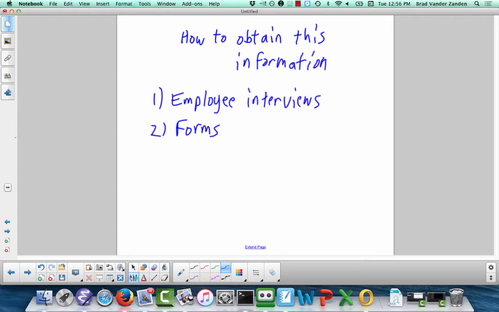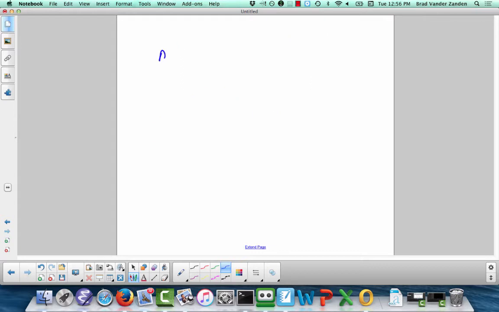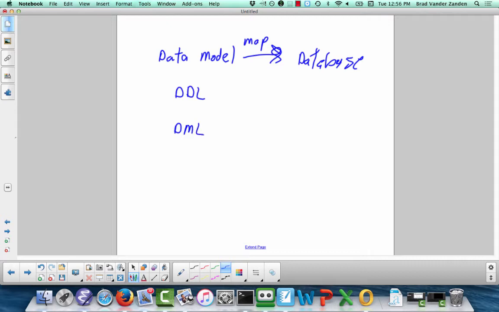Okay, so once you have your data model, you want to typically map that data model to a database. And remember, there are the DDL, the DML, and you'll remember that we said there were constraints on the data.